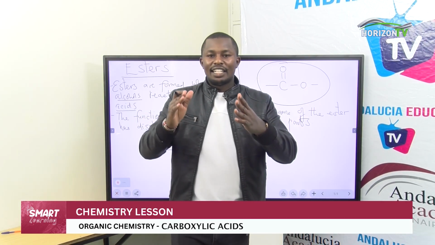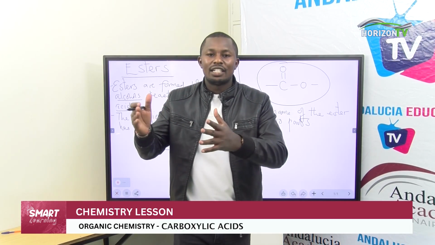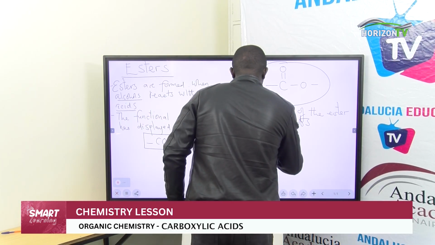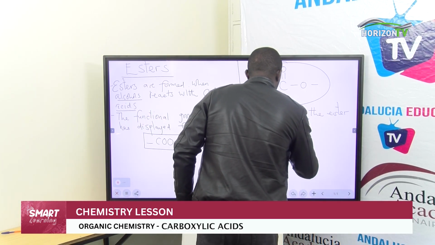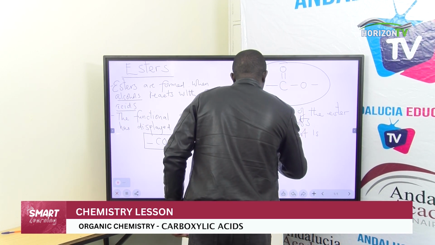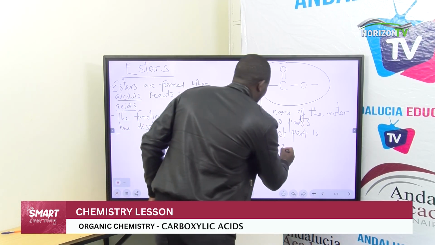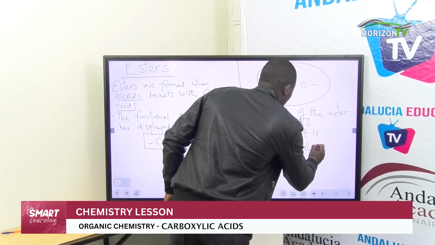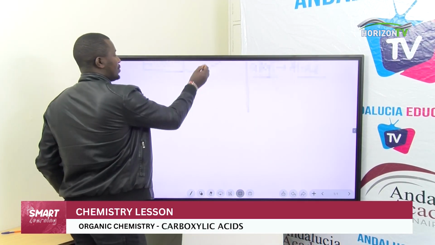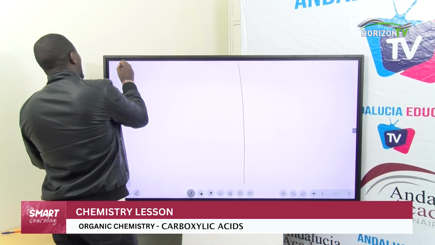The second part is the ethanoate part or alkanoate part from the carboxylic acid. So the first part is the alkyl part, and this alkyl is from the alcohol. And also we have the second part. The second part is the alkanoate ion.